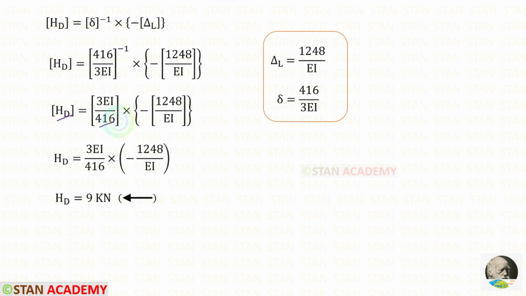We can take the members outside of the matrix. Then we can eliminate EI. For HD, we will get minus 9. We will get a negative value. That means the assumed direction is incorrect. We assumed that HD would be acting towards the right side, but actually it is acting towards the left side.